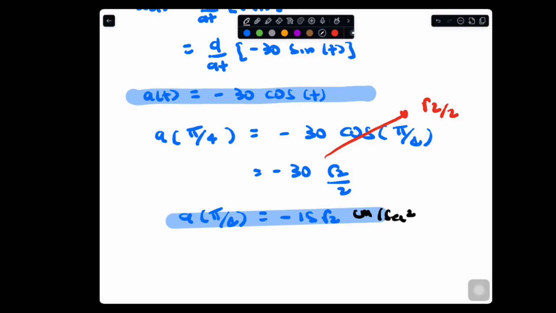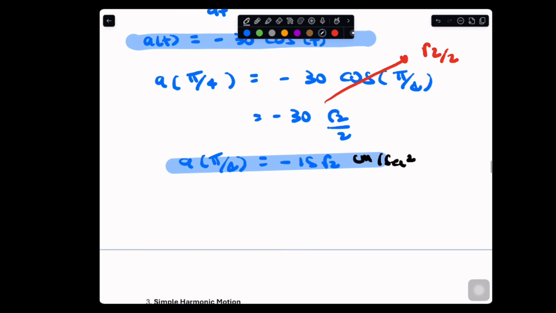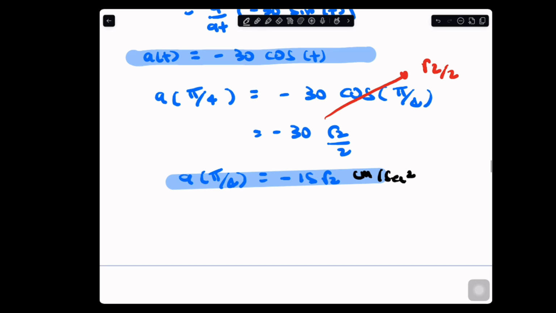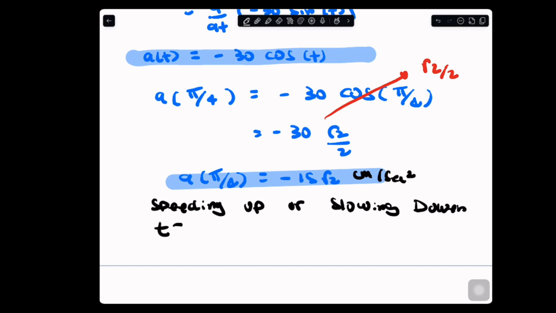And I want you to notice something about these two, okay? Here's the following question. Speeding up or slowing down at time t is pi over 4?